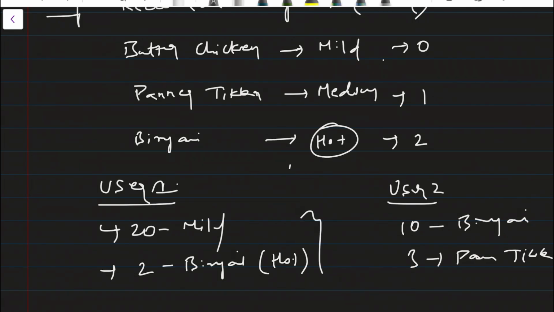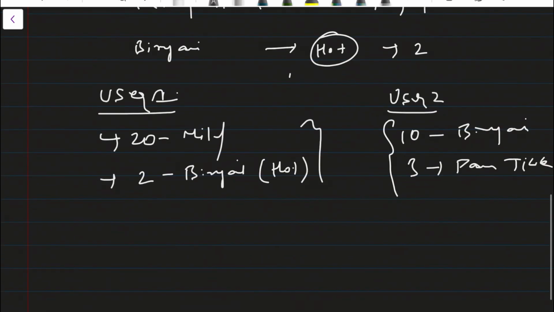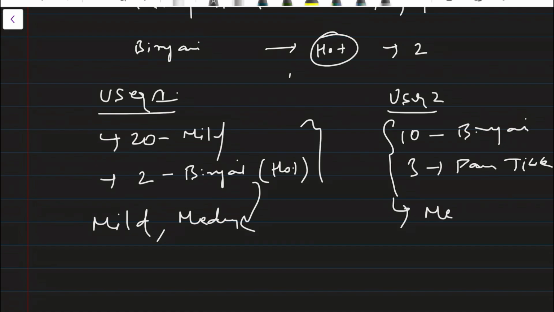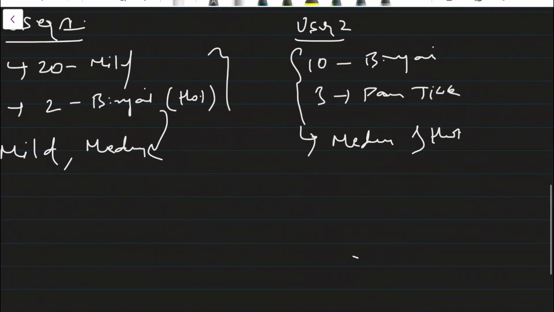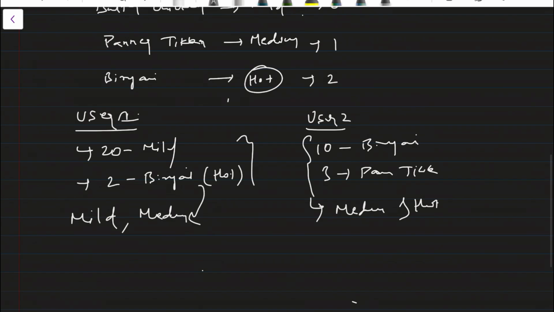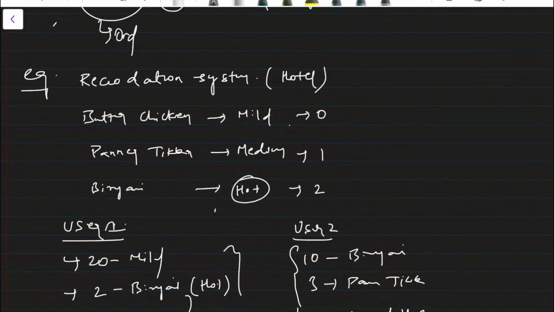Using this data, we'll be recommending the mild and medium spicy to user one and medium and hot to user two, right? So we will be transforming the data: mild into 0, medium into 1, hot into 2.